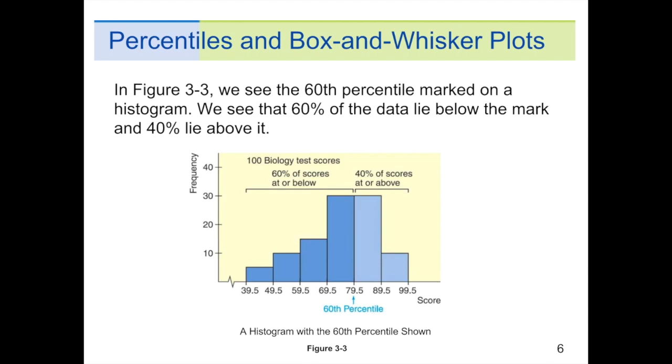So if you're at the 60th percentile, that means the score is better than 60% of all the other scores, and it's less than the other 40%. Better than 60%, but worse than 40%. So the percentile says where in the group you lie.